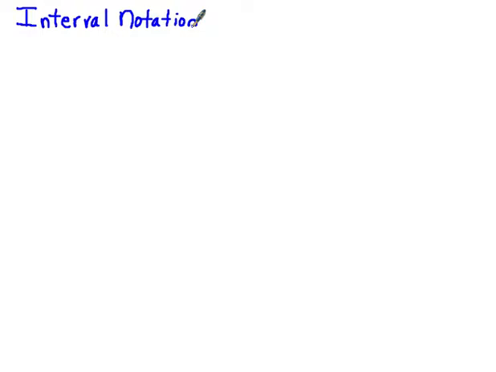So what I want to go over is what the set notation is, what the graph looks like, and what the interval notation is. Okay? So here is what the set notation would be. Then we're going to look at the graph. And then we're going to look at what's called interval notation.